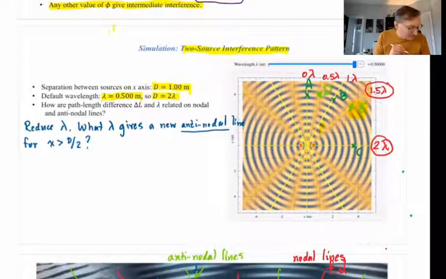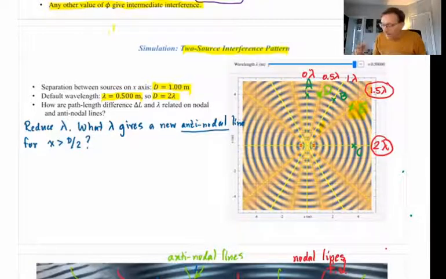In other words, I want to reduce the wavelength, kind of compress the whole pattern, get more nodal and antinodal lines, and I want an antinodal line along the x-axis to the right, but instead of the delta L being 2 lambda, I want it to now be 3 lambda along that x-axis.